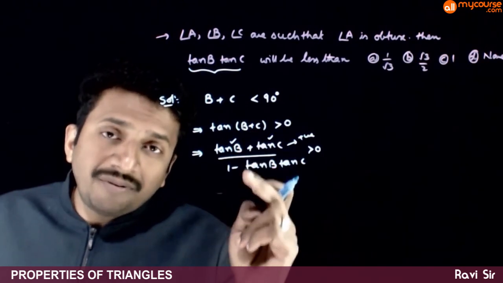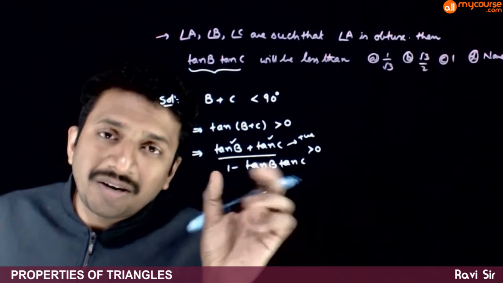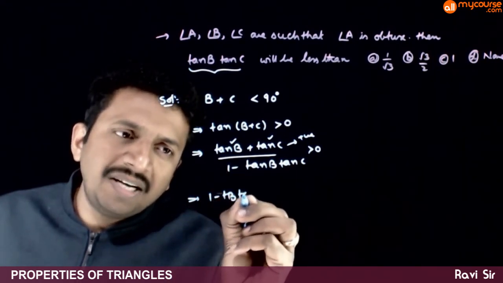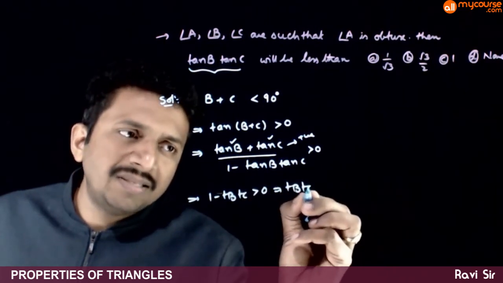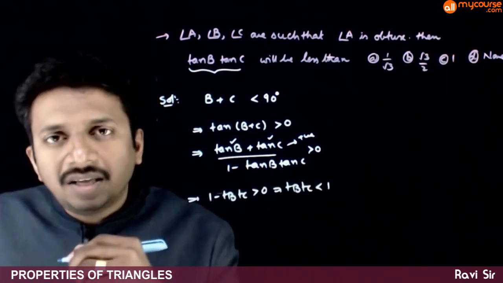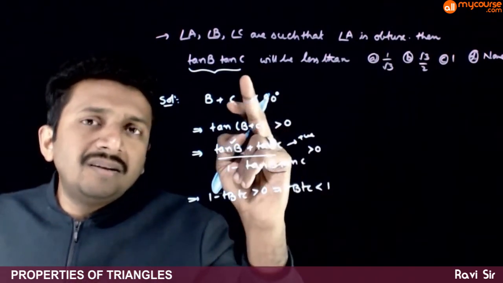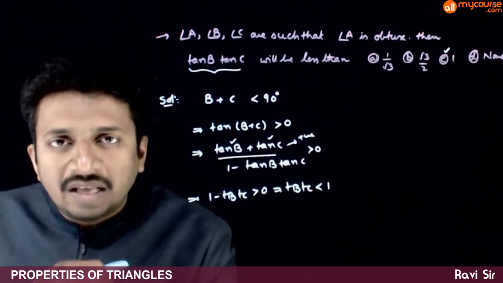So the fraction has to be positive and the numerator is positive, hence the denominator has to be positive. This implies 1 minus tan B tan C has to be greater than 0. This implies tan B tan C will always be less than 1. Hence the value of tan B tan C will be less than 1, option C is the right answer.